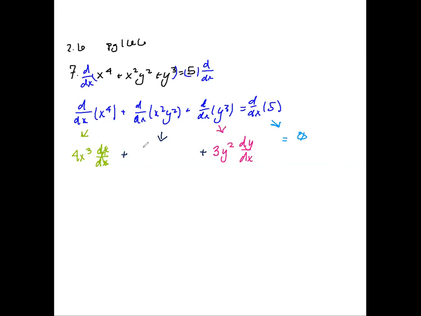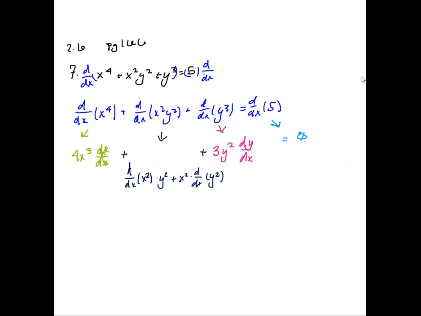Product rule, essentially, in that we will have the derivative of x squared times y squared plus x squared times the derivative of y squared.